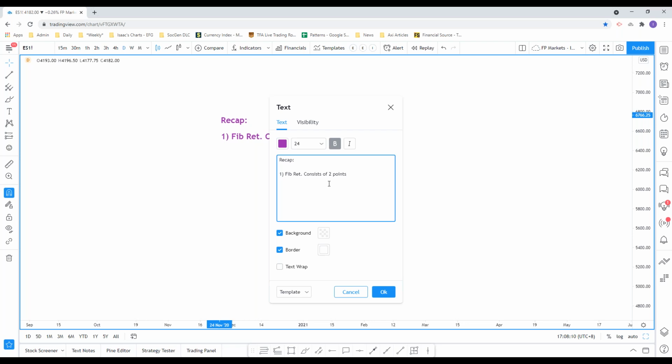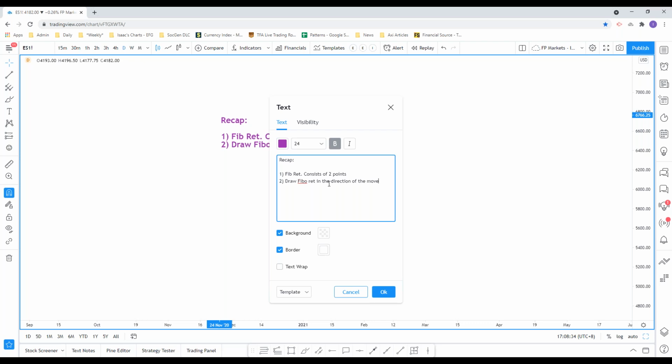And how do we know where to place these 2 points? I've also mentioned that we need to draw Fibonacci in the direction of the movement, so we draw Fibo retracements in the direction of the move.